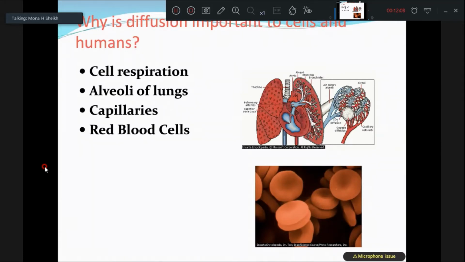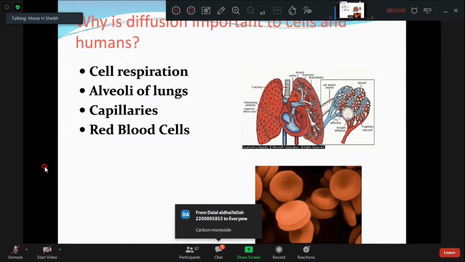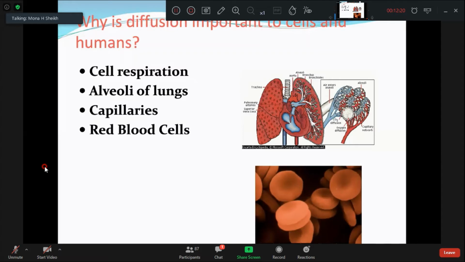Yes, no, I mean something like a poison where you have hemoglobin, but it cannot carry oxygen. Maybe nicotine. CO. Yes, who said CO? Bravo, Hanin. CO or carbon monoxide. And where do you get carbon monoxide from? Example, just give me an example.